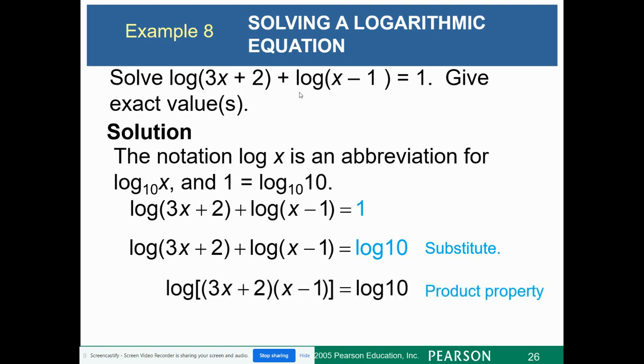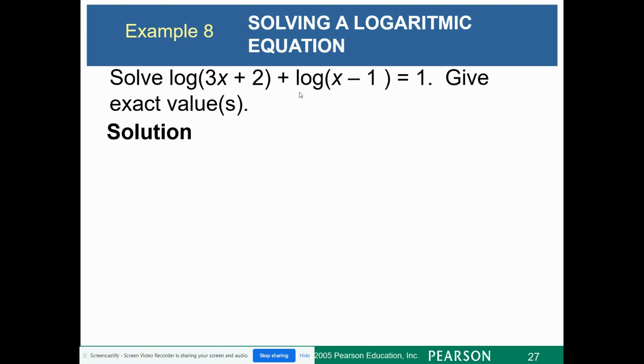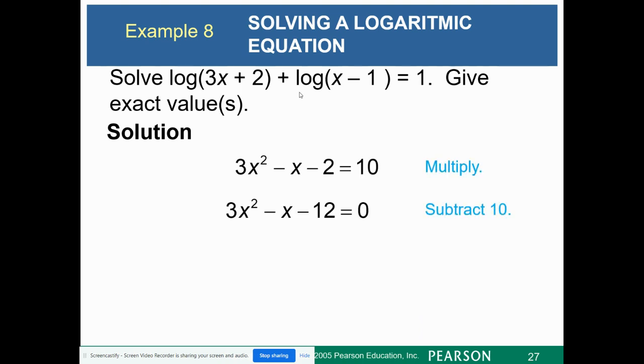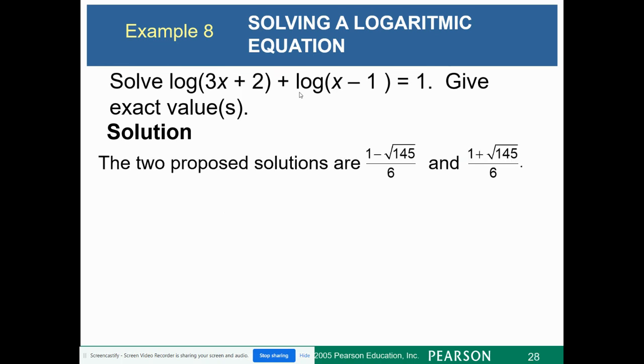Now I've got a single log on one side equal to a single log on the other, so I can drop the logs. And again, I have a quadratic equation to solve. Does 3x squared minus x minus 12 factor? It doesn't factor, so we have to use the quadratic formula. Now we also need to check to see if both of these answers work. Does 1 minus the square root of 145 all over 6 give us the log of a positive value both times or not?